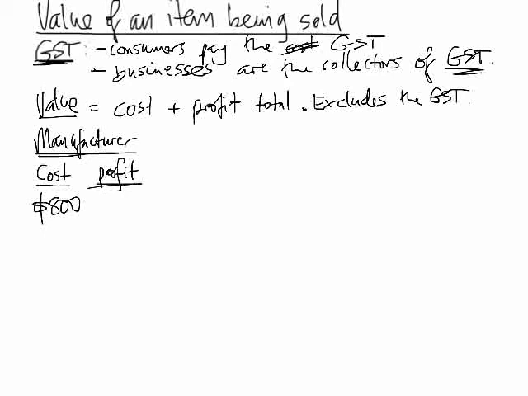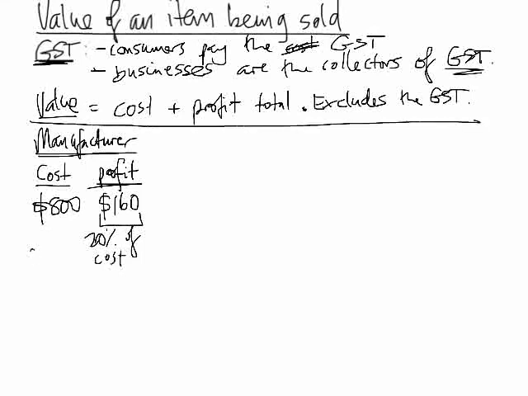Well, in the book example it's 20%, so let's go with that. 20% of $800 is going to be $160. 20% of cost.